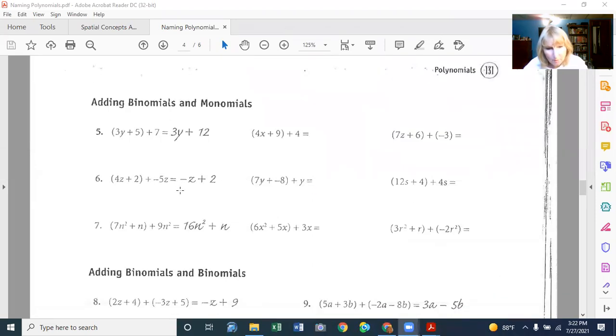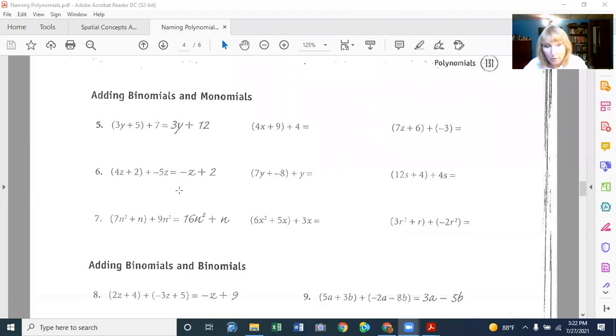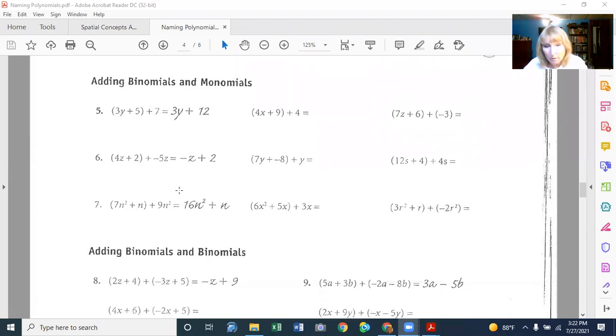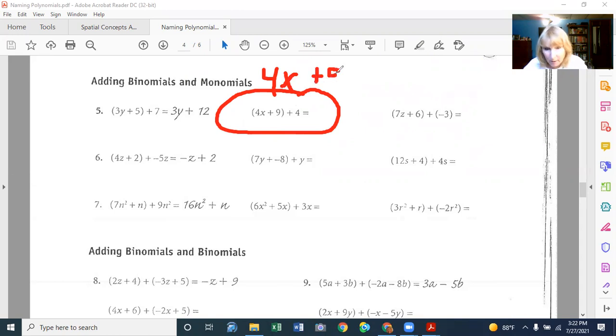Okay, so that will be pretty easy to do. When you get to the next page, you're just getting longer equations to add. So in this case here, you have 4x plus 9 plus 4. So the like terms are what you add together. So the 4x, I meant 4x. 4x is by itself because it's not like the 9, which doesn't have a letter, and it's not like the 4, which doesn't have a letter.